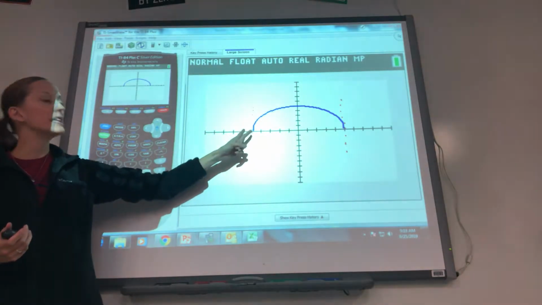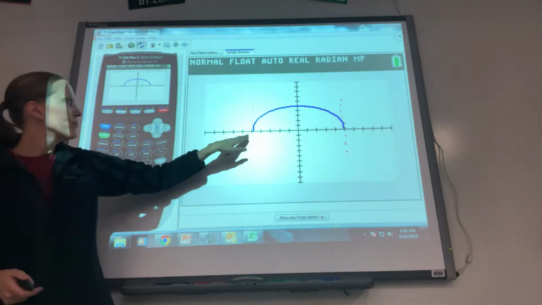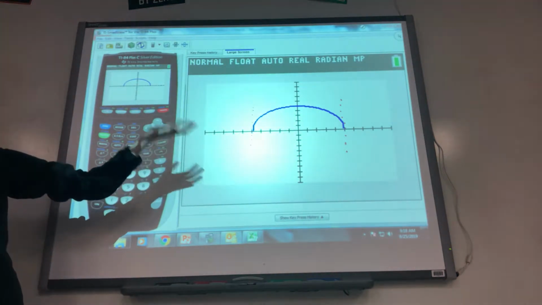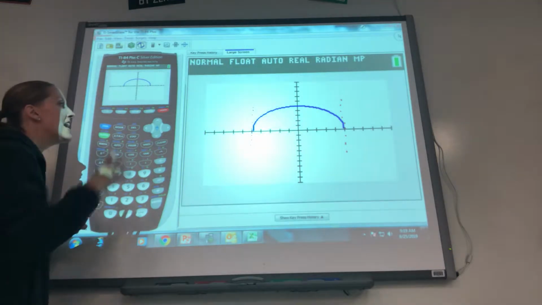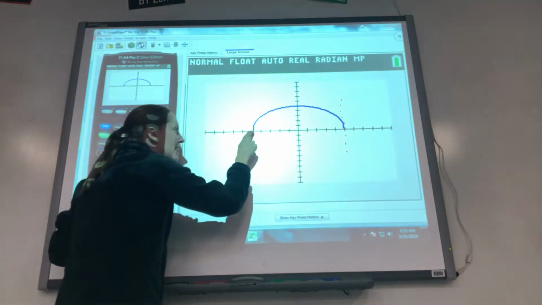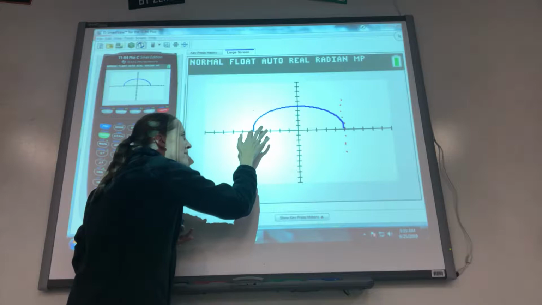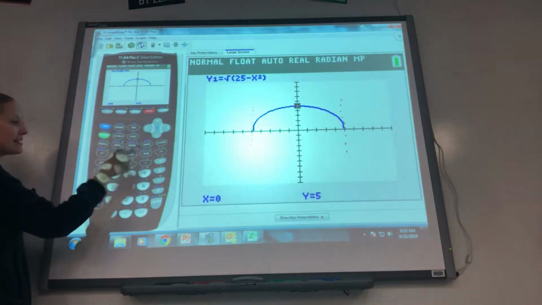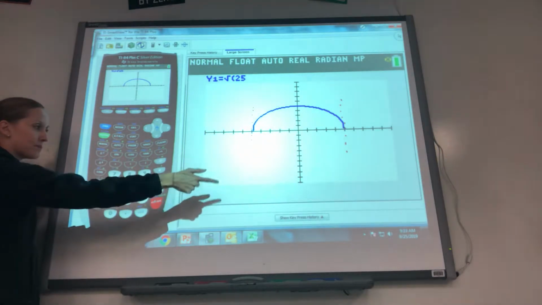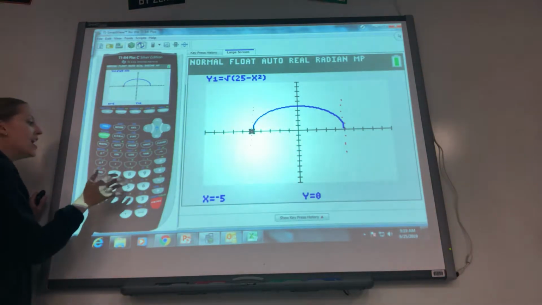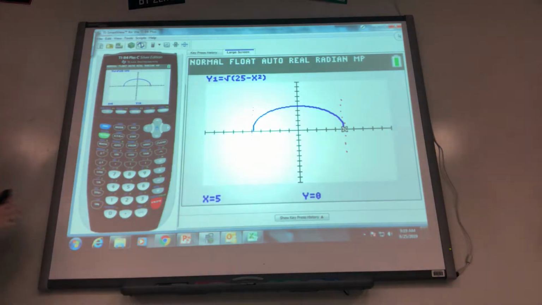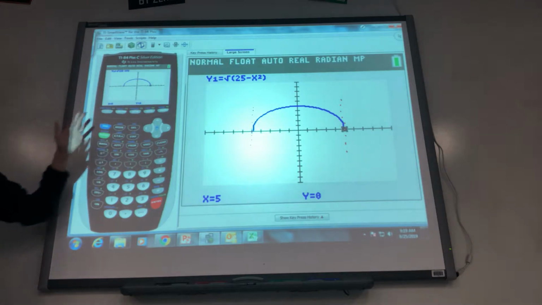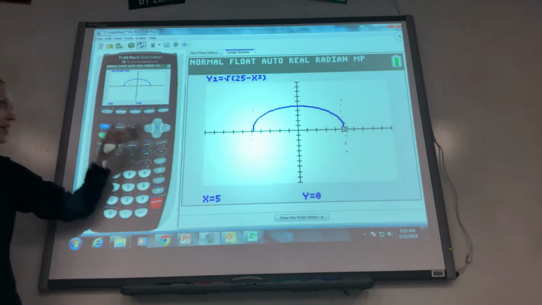Now, if you are a little concerned about these end points right here, remember, for continuity, you can't have holes or anything. So, my calculator, I'm not really sure if it's coming down right on the x-axis or not, but you can trace to -5 and it gives you back a y, or you can trace to +5 and it gives you back a y. So there's really nothing that I'm concerned about here.